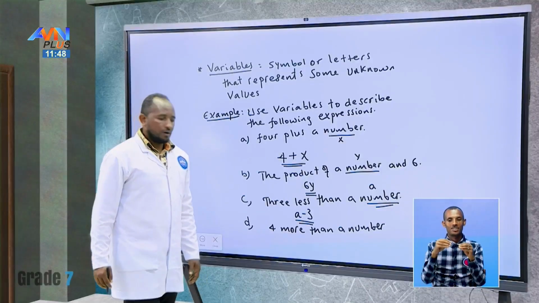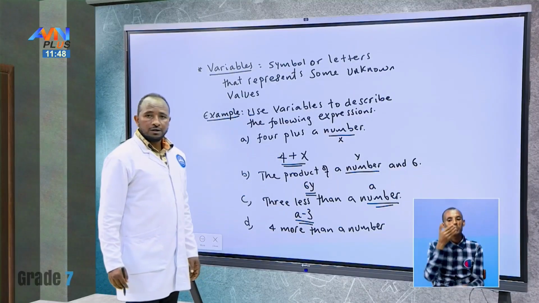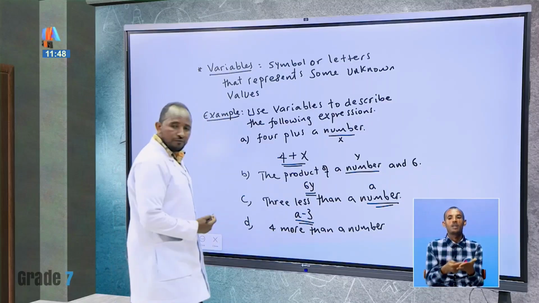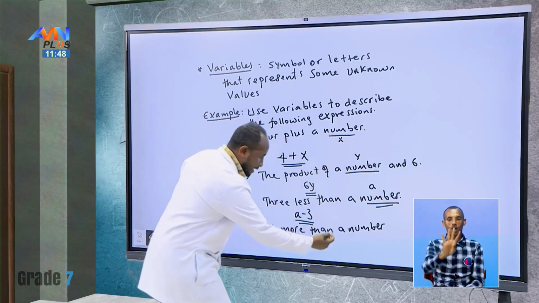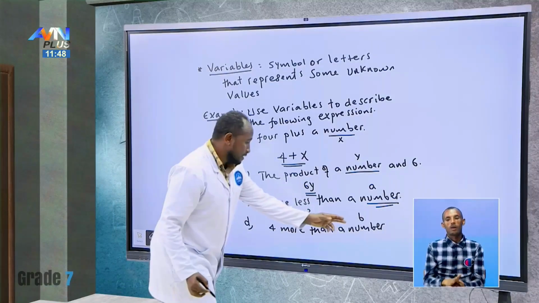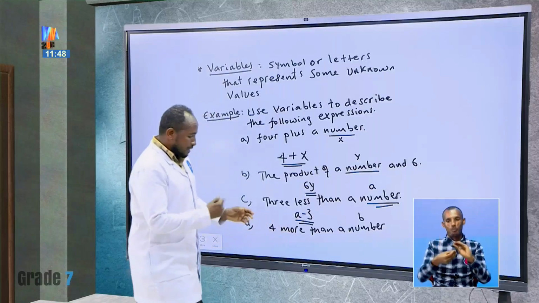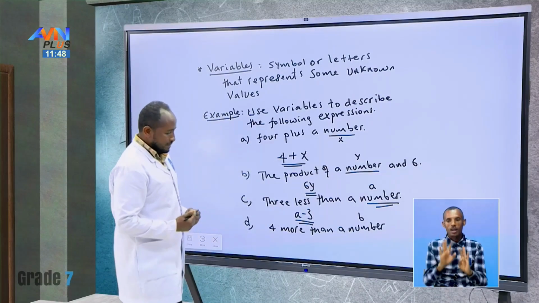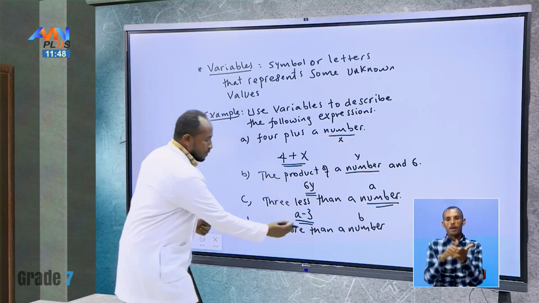Students, have you tried? Good. Now let's see the answer. Here it says 4 more than a number. We don't know the number. Let's assume the number is B. From this number, it is greater by 4. Let me repeat the statement again: 4 more than a number.